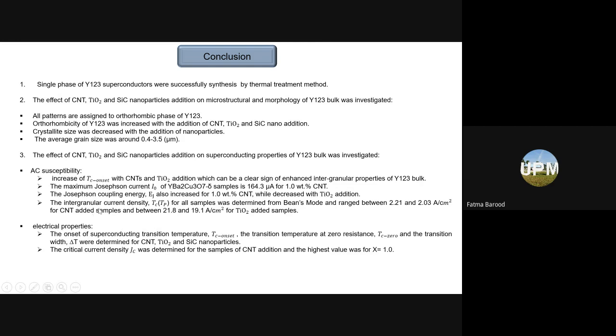The intergranular current density for all samples was determined by Bean's model. For the electrical properties, the onset superconducting transition temperature Tc onset, the zero-resistance transition temperature Tc0, and the transition width were determined for all nanoparticle additions. The critical current density was determined only for carbon nanotube addition.